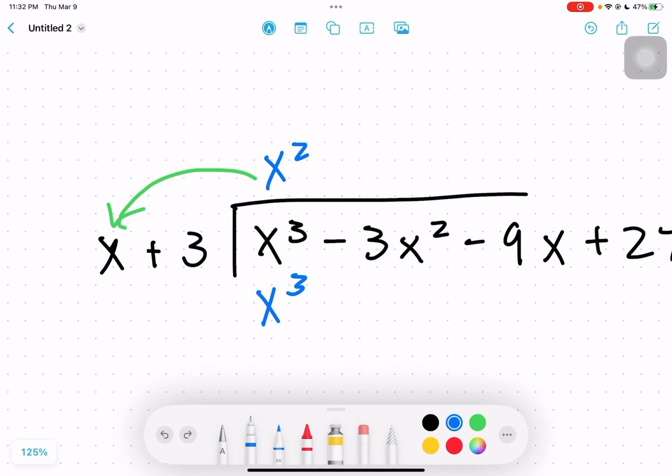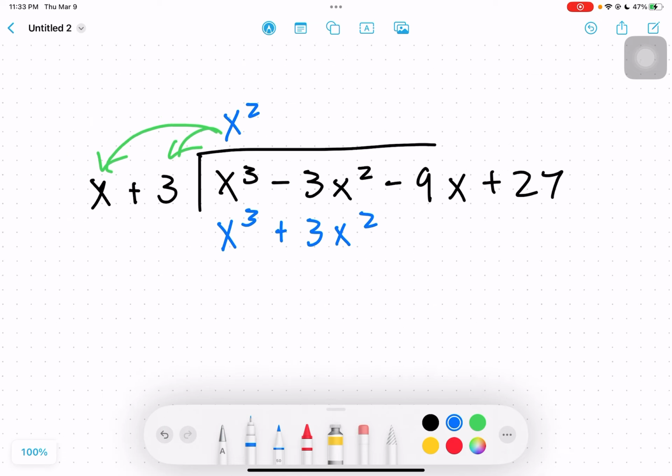Then you multiply x squared times 3, that's positive 3x squared.